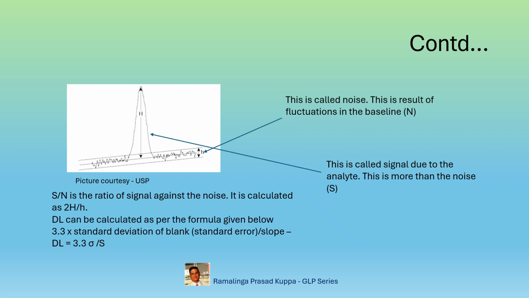The calculation for DL is done by this formula. Again, don't get disturbed on how to do the calculations by this formula. Your Excel sheet will do this for you. This is only to explain the basic concept of the detection limit.